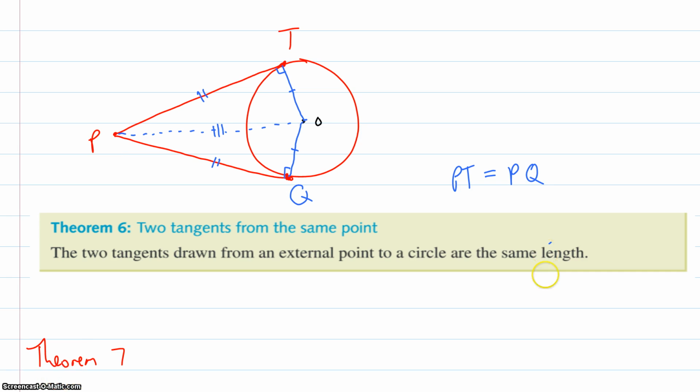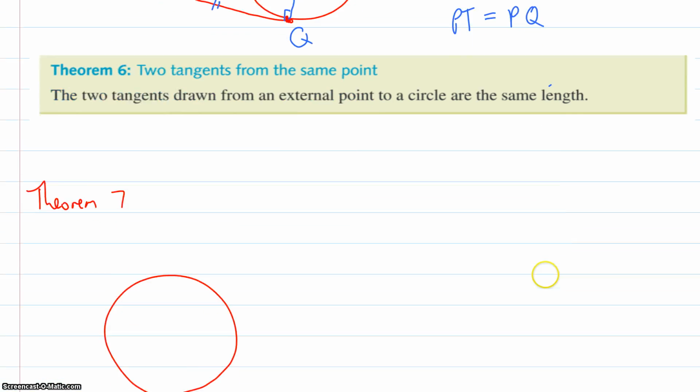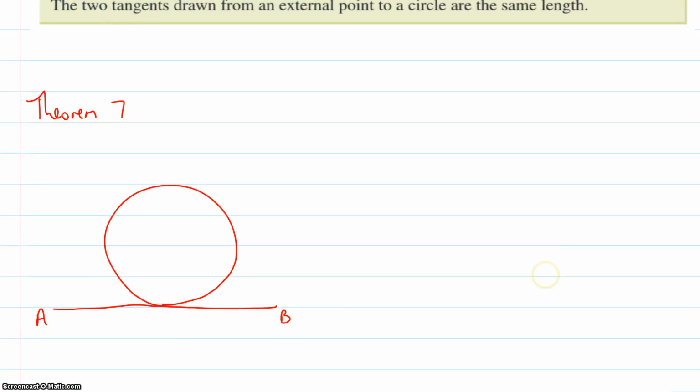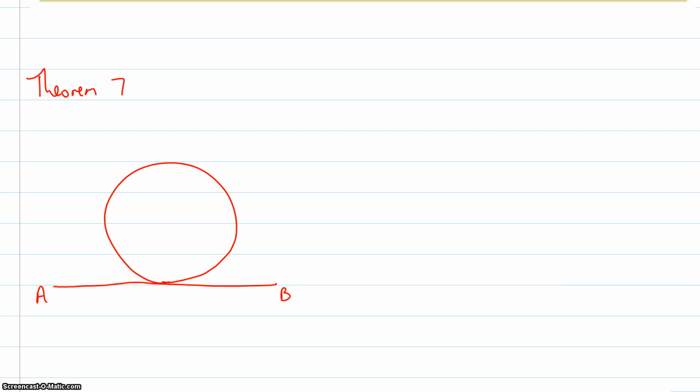Okay, go to Theorem 7. Theorem 7, imagine that we have a circle here with a tangent that touches at this point here. We'll call that C. Now I'm going to draw a chord from C up to this point here, D. Now I'm also going to draw a line straight up here.